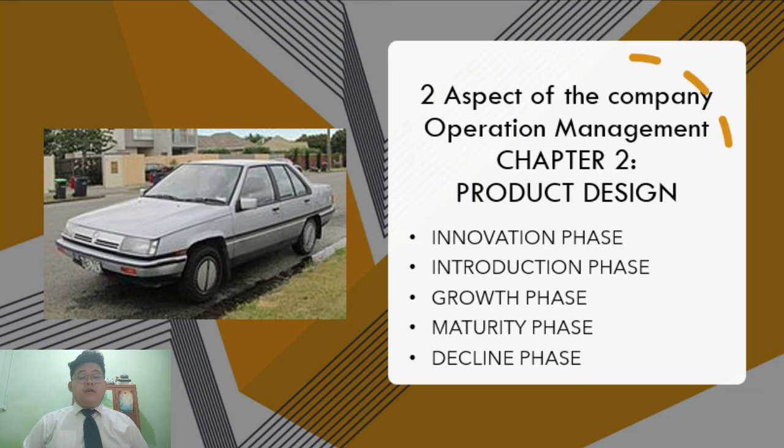Process planning for manufacture must be carried out to specify the process required and the sequence of the process. In operations management, there are 5 phases, which are the innovation phase, introduction phase, growth phase, maturity phase, and decline phase.